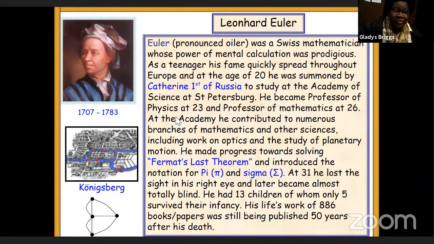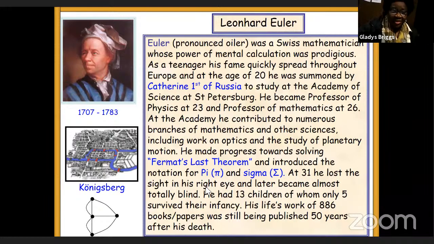He became professor of physics at 23 and professor of mathematics at 26. At the Academy, he contributed to numerous branches of mathematics and other sciences, including work on optics and the study of planetary motion. He made progress towards solving Fermat's last theorem and introduced the notation for pi and sigma.